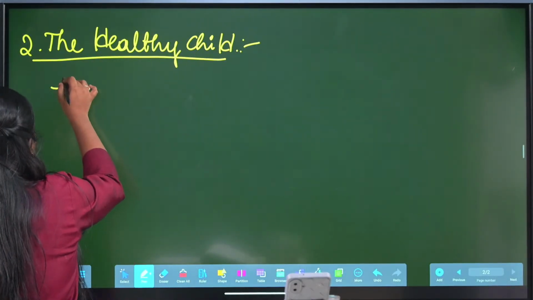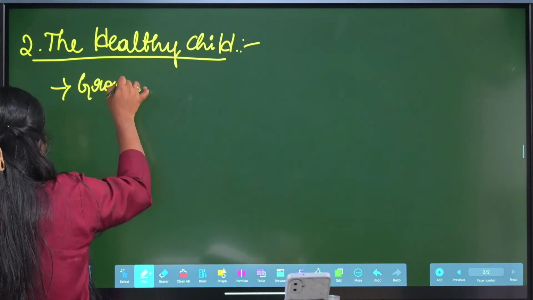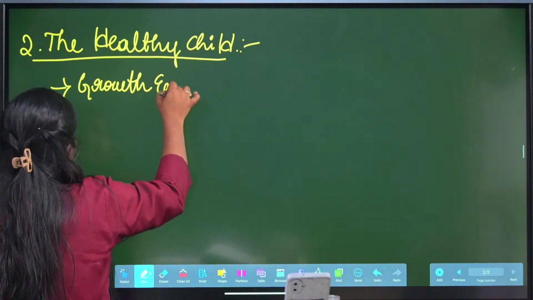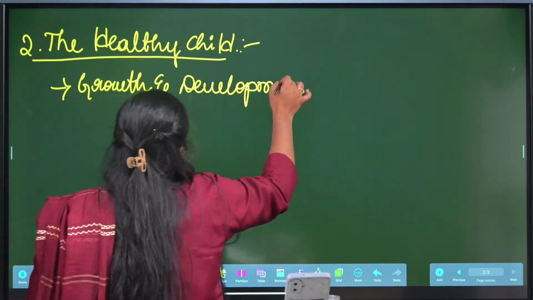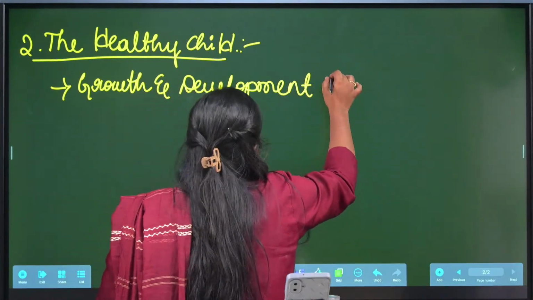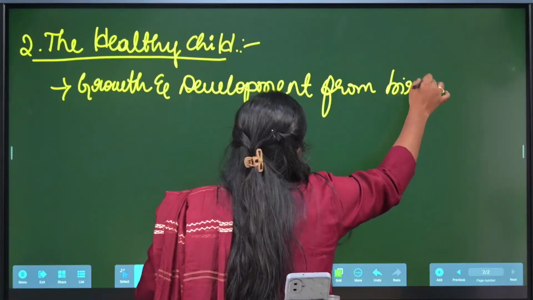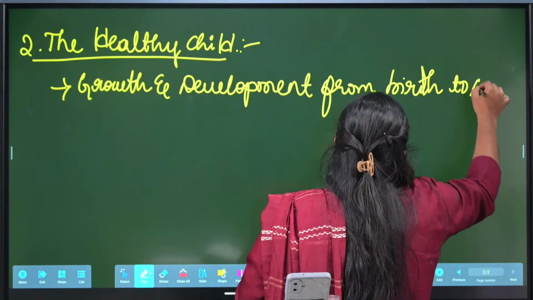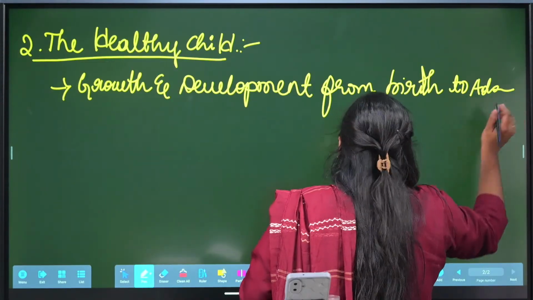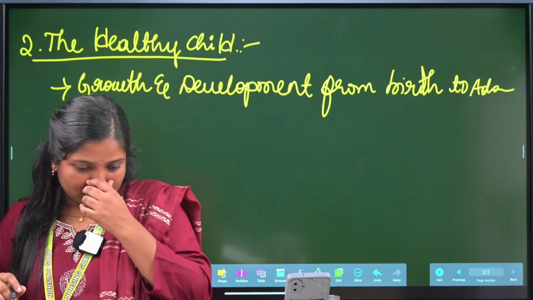So here you can see the growth and development from birth to adolescence. Adolescence age is up to 12 to 13 years.